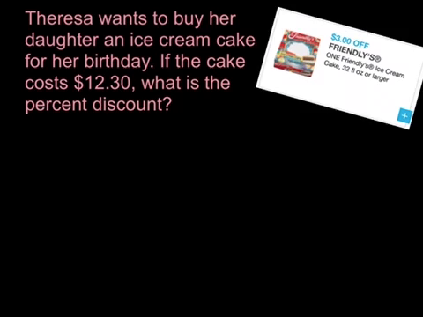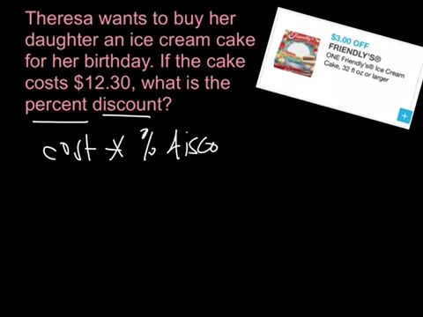If we take a look at our example, it says that Teresa wants to buy her daughter an ice cream cake for her birthday. If the cake costs $12.30, what is the percent discount? So once again, we're going with our equation of cost times the percent discount equals your money discount.